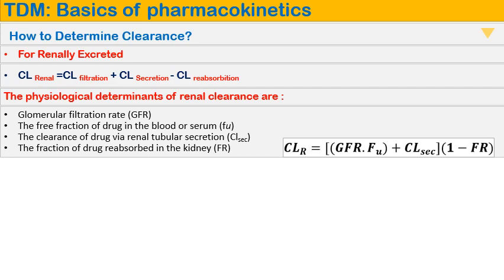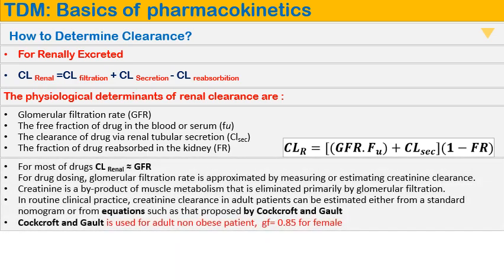Only the unbound drug will be filtered from the Bowman capsule. So the first term is GFR multiplied by fraction unbound, plus the amount of drug secreted by the renal tubule, all multiplied by one minus the fraction reabsorbed. This is the general equation for drugs eliminated by the renal route.